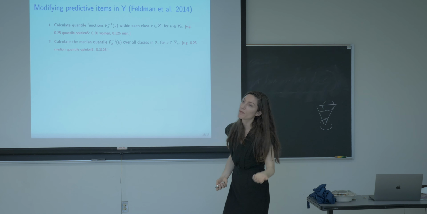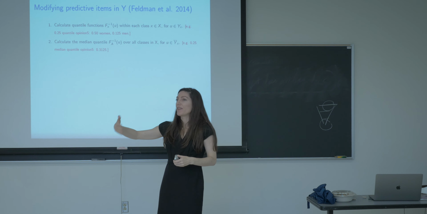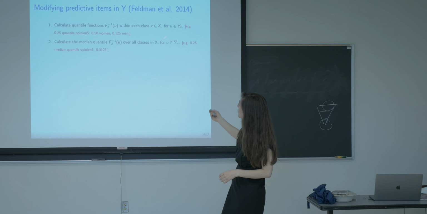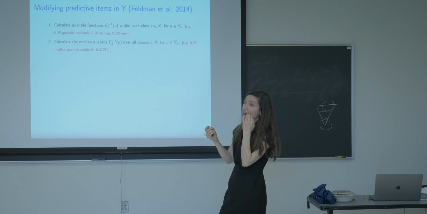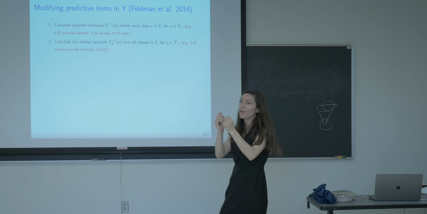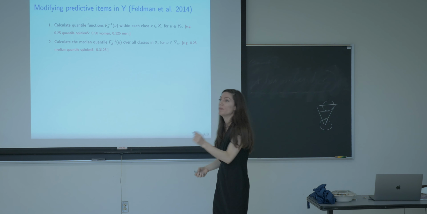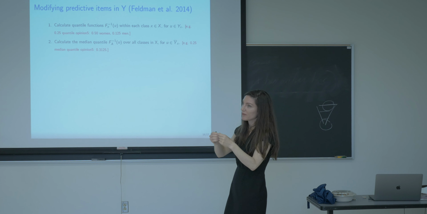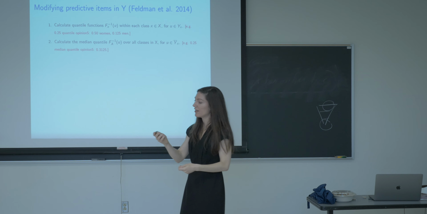What would that median quantile function tell you about the first quartile? It would take the first quartile among women and the first quartile among men and calculate the median. Since there are only 2 classes, that's the average of 0.5 and 0.125, which is about 0.3. That would be the median quantile for the first quartile, generated by the median quantile function for the synthetic data that I showed you before.